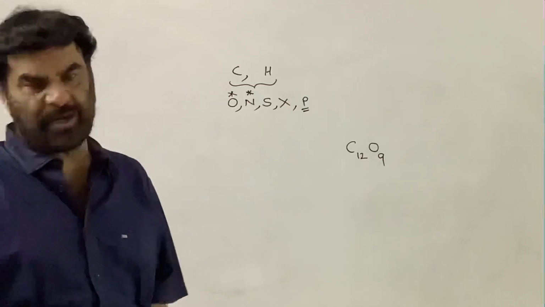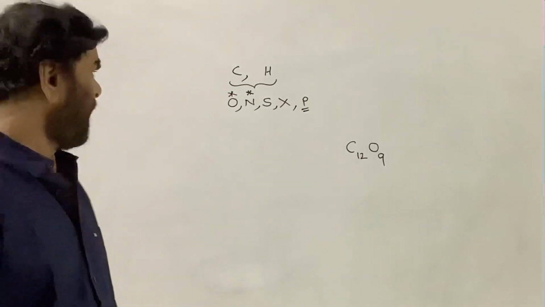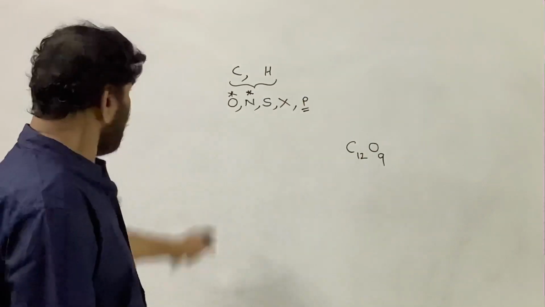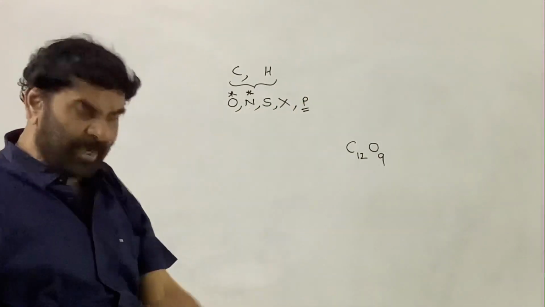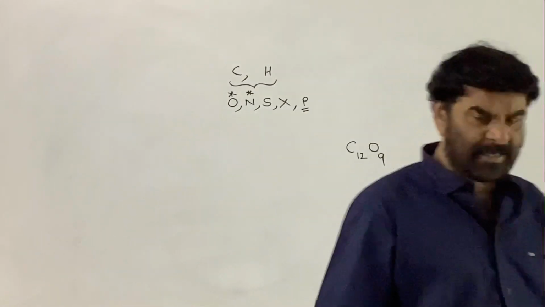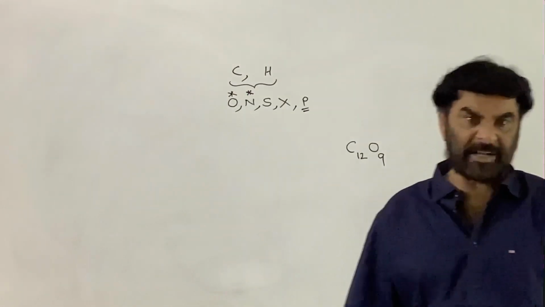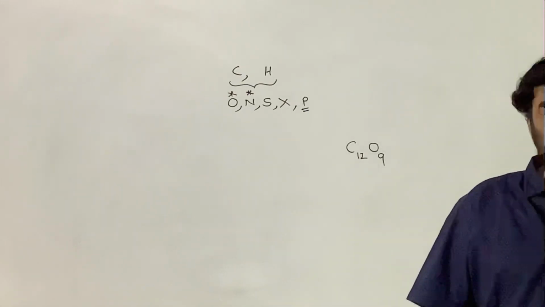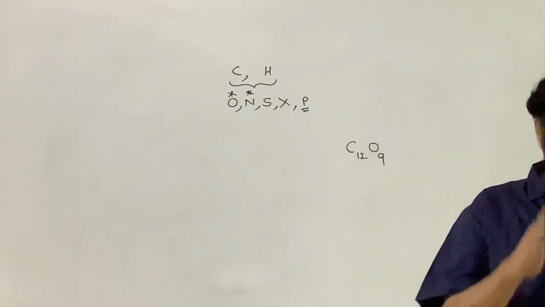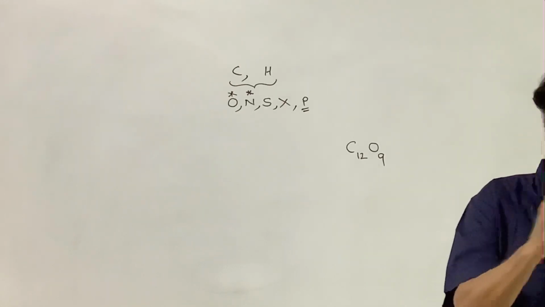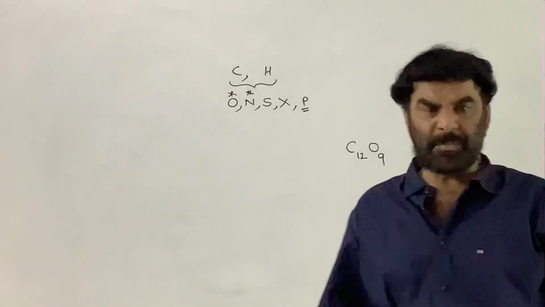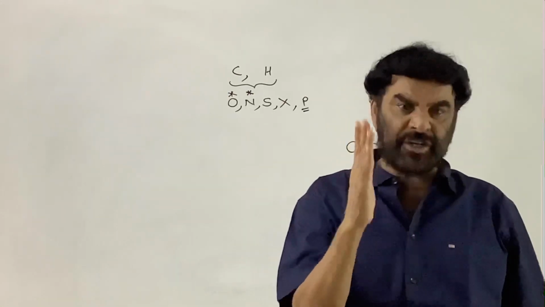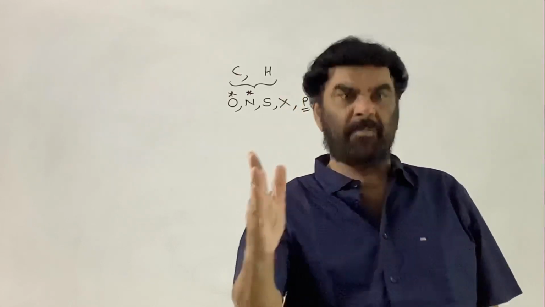These two are the essential elements, and the next is oxygen. By using appropriate chemical procedures, the nature of the different elements associated with a given organic compound can be determined. The chemical procedure used to determine the different elements present in the given organic compound is called the detection of elements in carbon compounds.